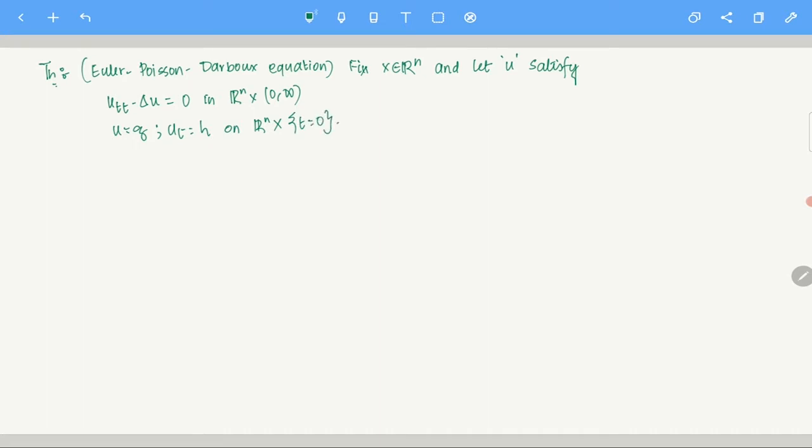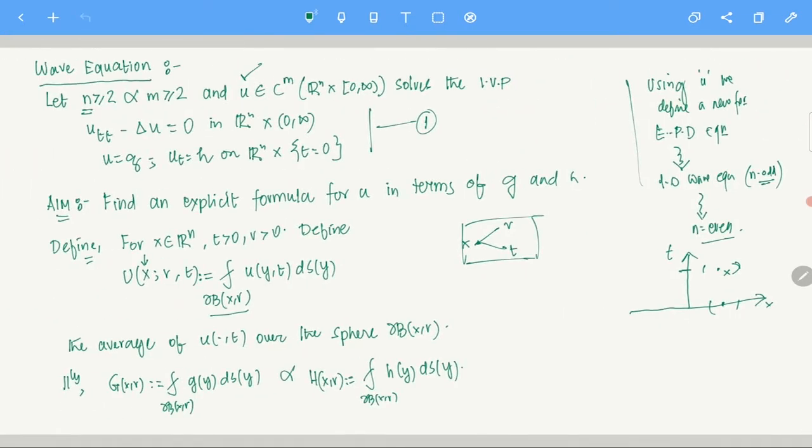Clear? So you fix an x and you let that u satisfy this equation. If it does, then if you define capital U, let's call this thing 2, I already wrote 1, there was no need of writing it.